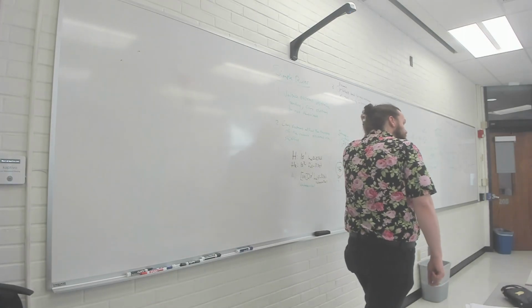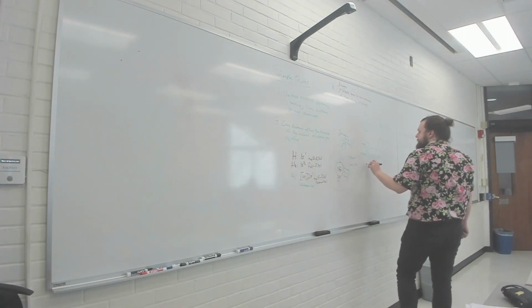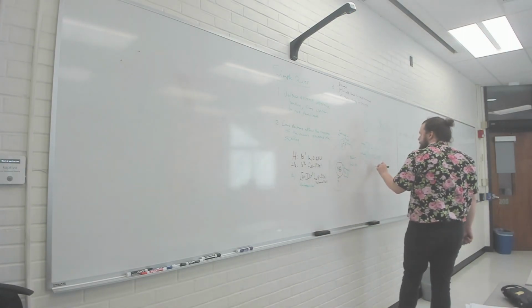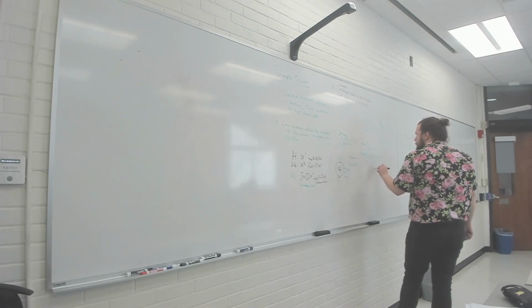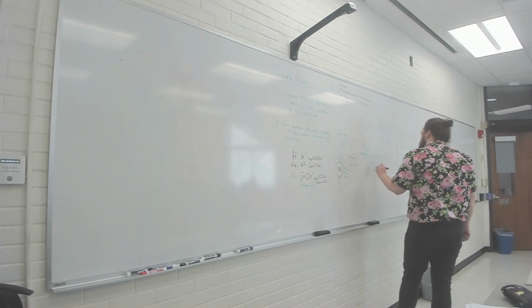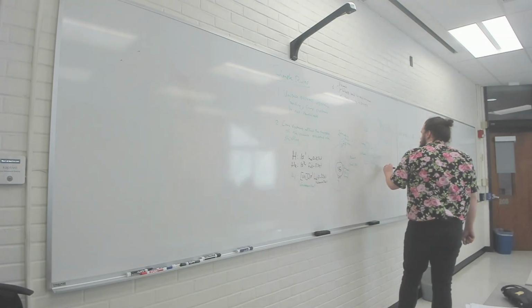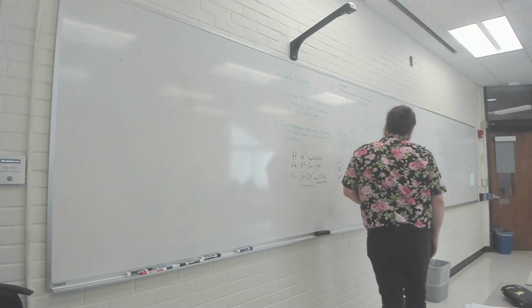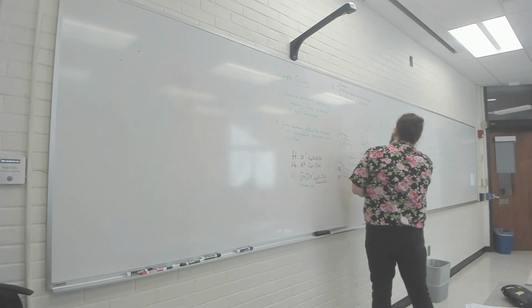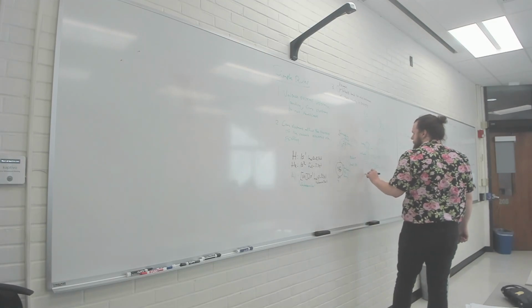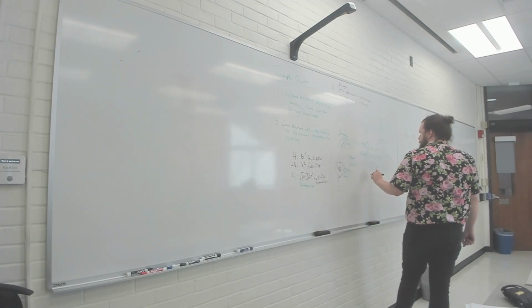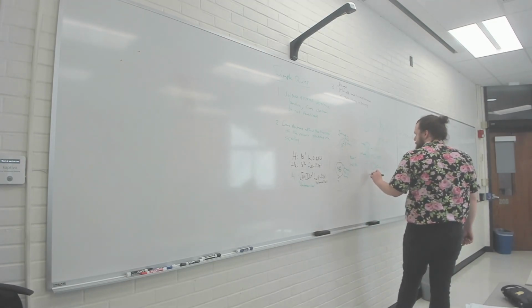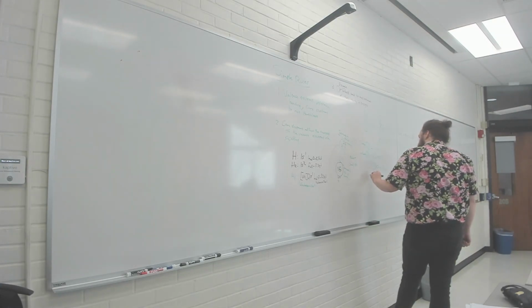These can add together, so you end up getting something that kind of looks like this. This is a sigma orbital. This is pz plus s. And then you get an antibonding one where these cancel each other out, which kind of looks like, well, that's not a very good drawing.